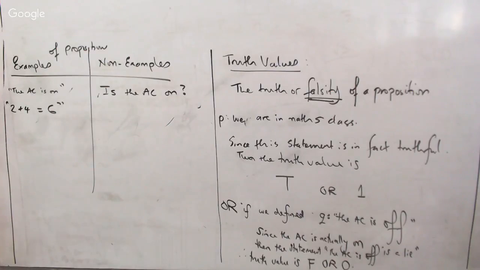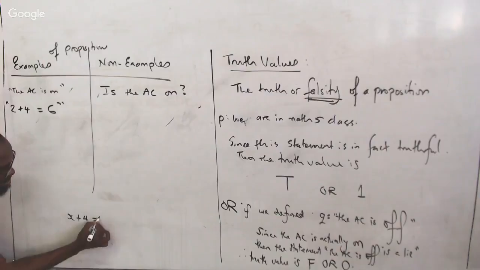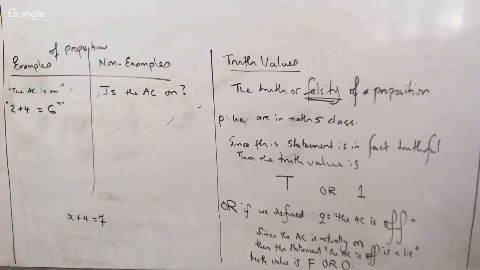Bear with me, you might be bored, but just bear with me. Suppose I ask, remember it's the same equation, but now with a variable x. Is that a proposition? No. Yes. All right. Why say it's not a proposition? Why say it is a proposition? It's a mathematical statement.